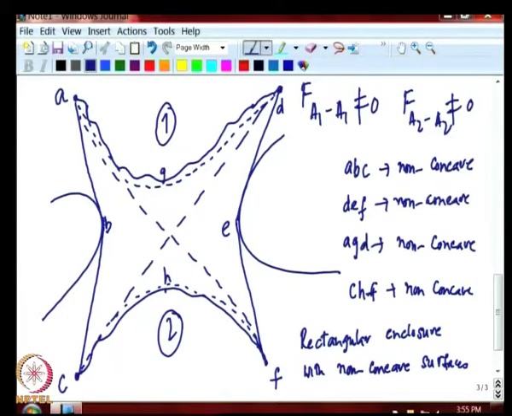So, what we have done essentially is constructed two triangles out of this rectangle. One is ABC, let us say ABC CHFA. Okay, that is one triangle. And the other triangle is AFH.